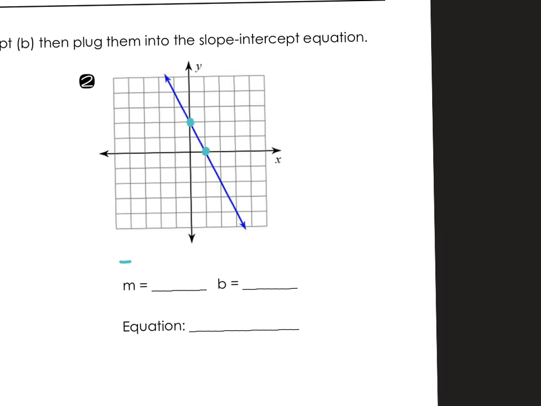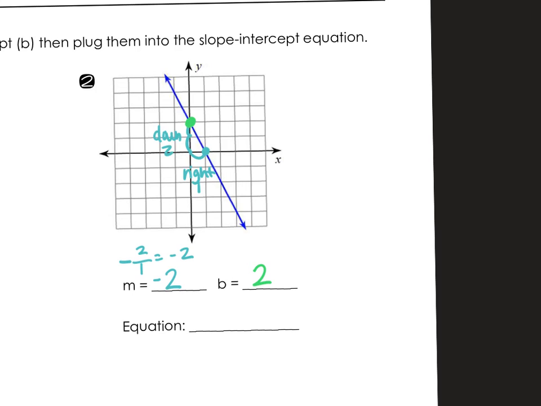Now left to right, I go down 2 and right 1. So that's -2, because -2 over 1 simplifies to -2. All right, now b, so this line crosses that y-axis at that point, which is +2.